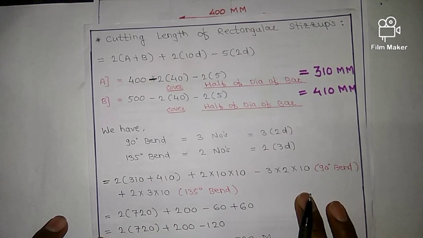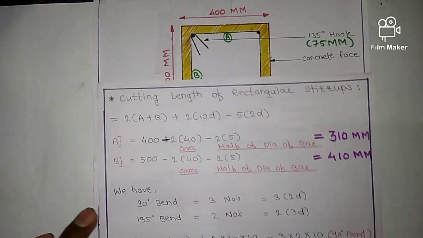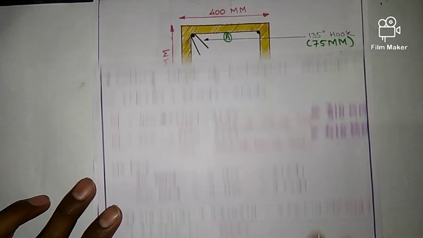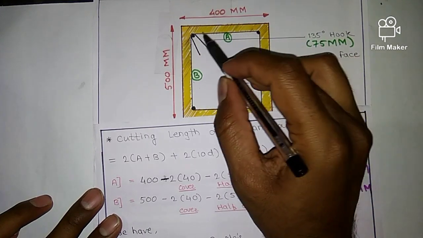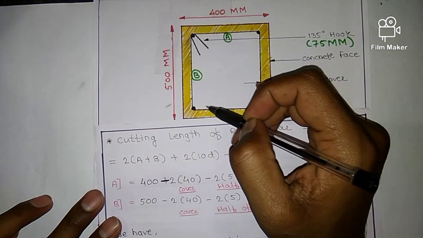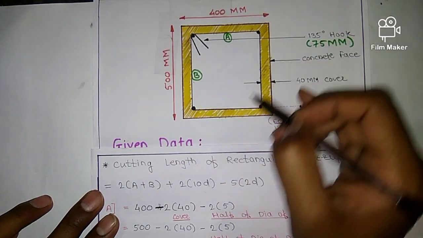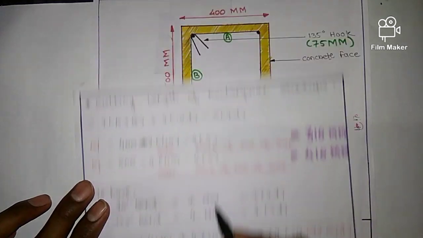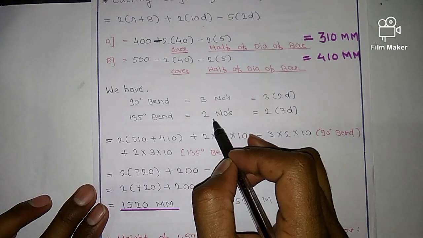Now we have to see how many bends and how many hooks are given in the diagram, that is what types of bend. So in the stirrup total bends are 5, that is 1, 2, 3, 4 and 5. So 1, 2, 3, these three are the 90-degree bends, that is 3 numbers, and these two are the 135-degree bends, that is 2 numbers.